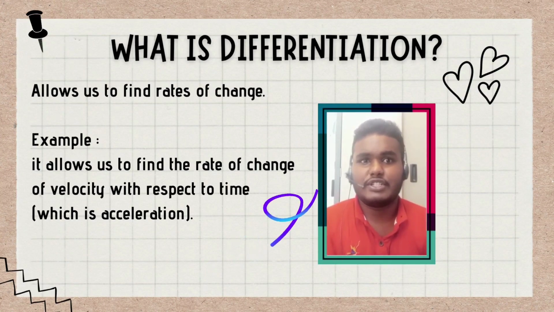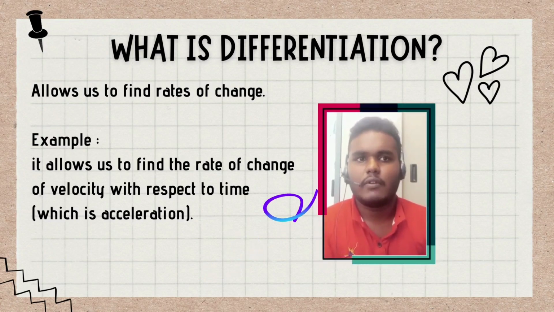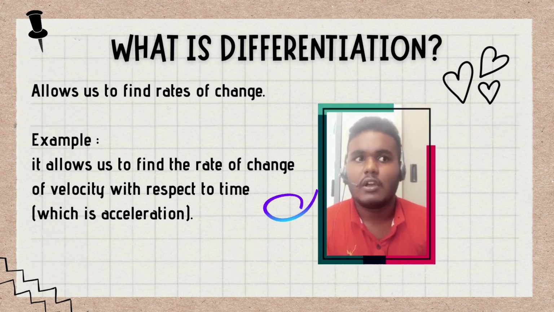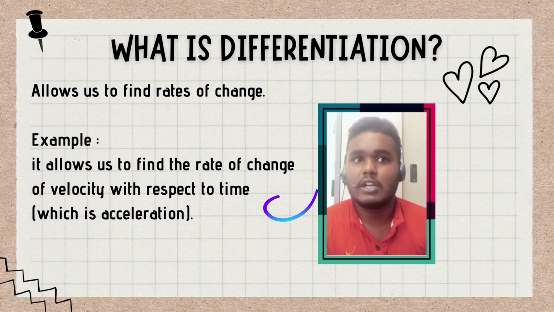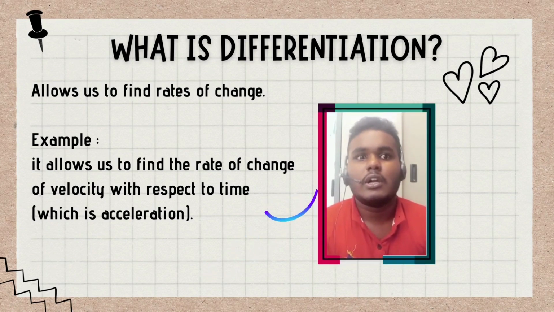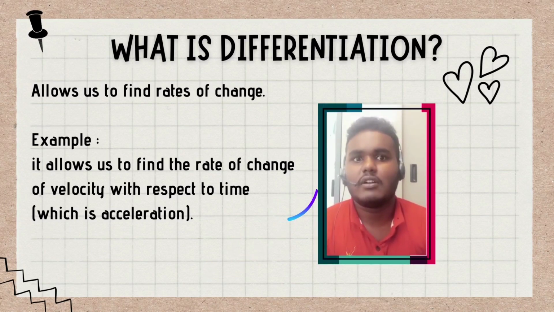What is differentiation? Differentiation allows us to find rates of change. For example, it allows us to find the rate of change of velocity with respect to time, which is acceleration. It also allows us to find the rate of change of y with respect to x, which on a graph of y against x is the gradient of the curve.